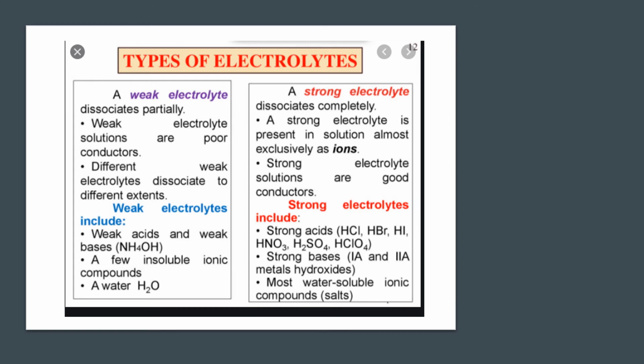Strong electrolytes include strong acids, HCl, HBr, HI, HNO3, H2SO4, HClO4, strong bases from group 1A and group 2A, and most water-soluble ionic compounds, that is, salts.